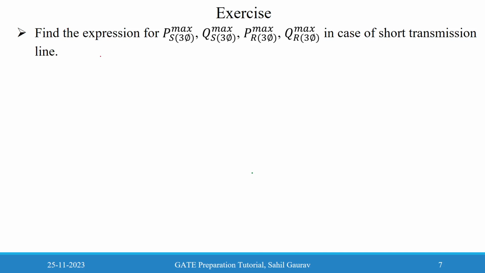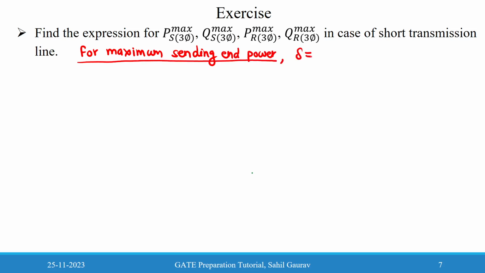Just as in the previous case we have written for maximum sending end power, the power angle will be 180 degree minus beta, but here the impedance angle will come. So you put 180 degree minus theta.